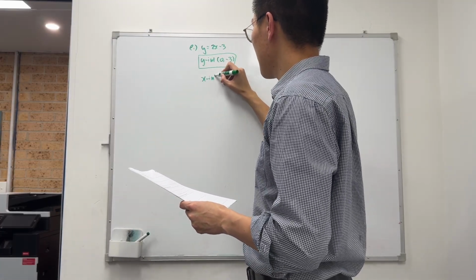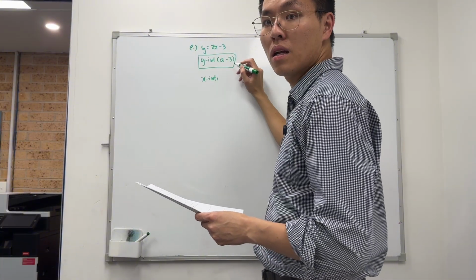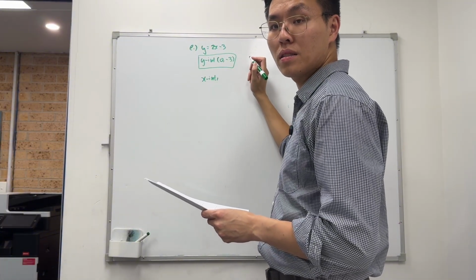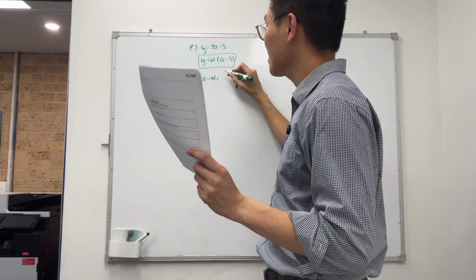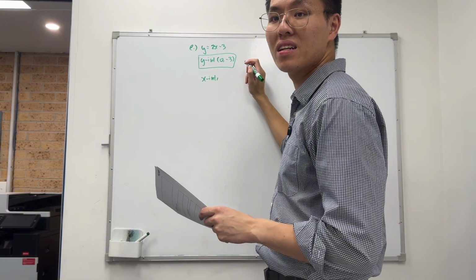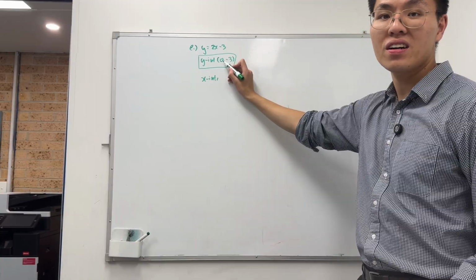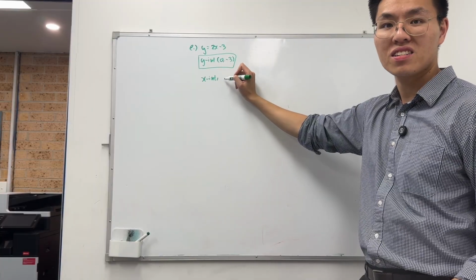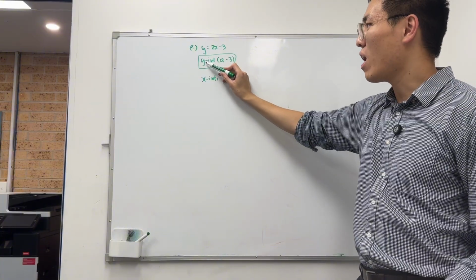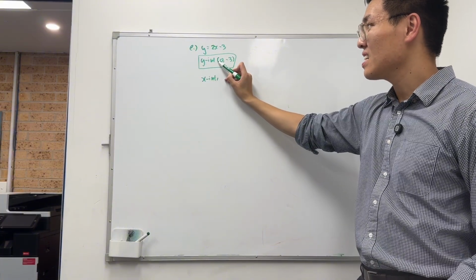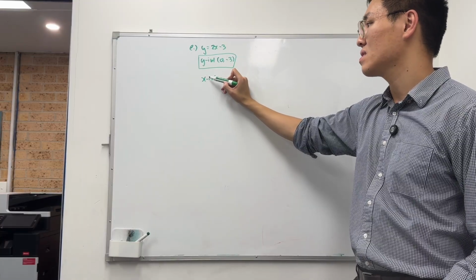So how do we find the x-int? Substitute 0. What is equal to 0? x equals 0. No. If it's the x-intercept, how can it be x equals 0? Think about it. The y-intercept is where x equals 0. So the x-intercept must be where y equals 0.